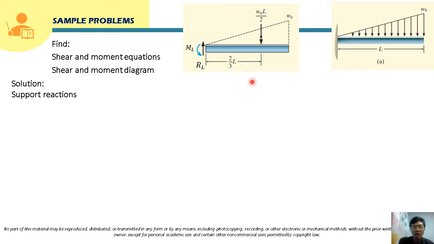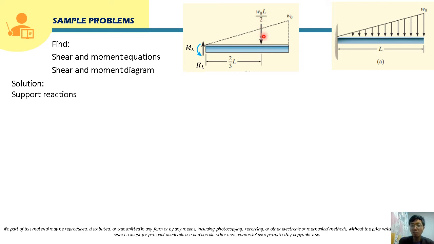Okay, so class, for this loading, which is a triangular loading, we can compute its equivalent point load. So its equivalent point load will just be the area of the triangle, which is 1/2 base times height. So that will just be 1/2 times W sub O times L, right? That's why this is W sub O L over 2. So this is the magnitude of the equivalent point load.